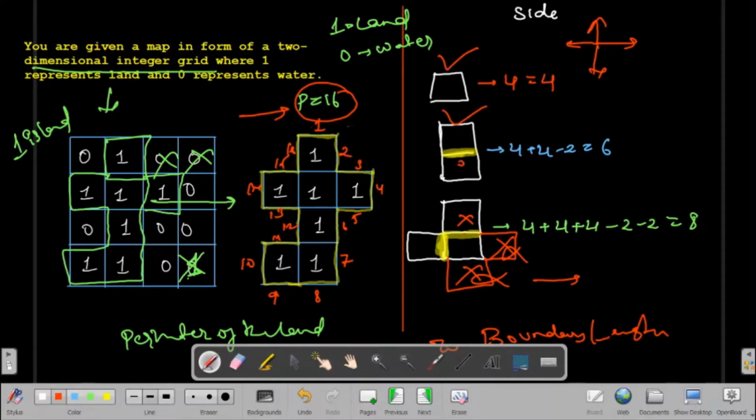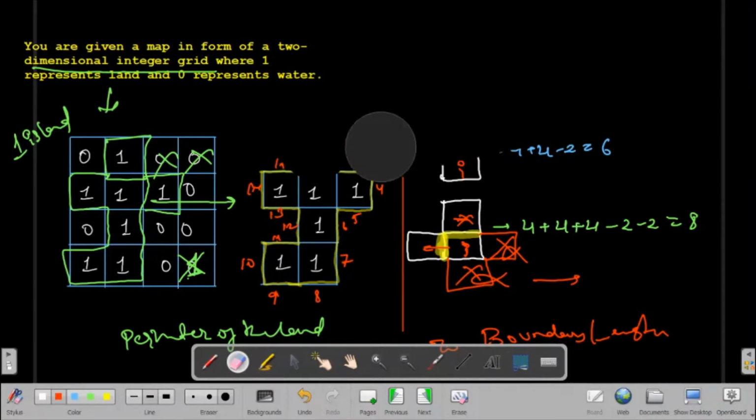That is, if this is my i, then I will see my up case, or the left side case, left land or up land. Why? Let's see. Let me erase this first, so it will be very clear then.